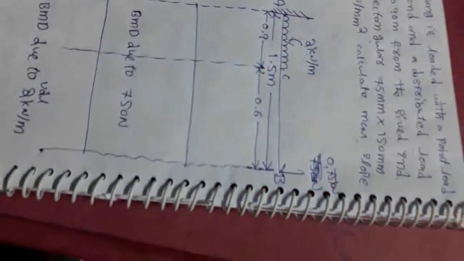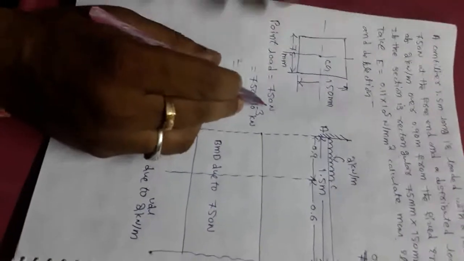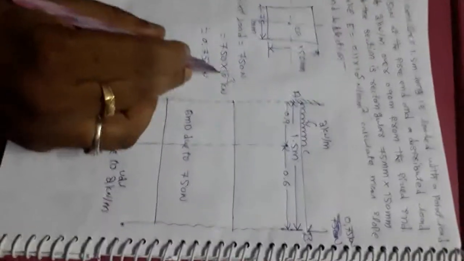So here the point load is 0.75 kilonewtons, and both units are in kilonewtons: kilonewton per meter and kilonewton. For changing the units from newtons to kilonewtons, you multiply by 10 to the power of minus 3, and you get 0.75 kilonewtons.